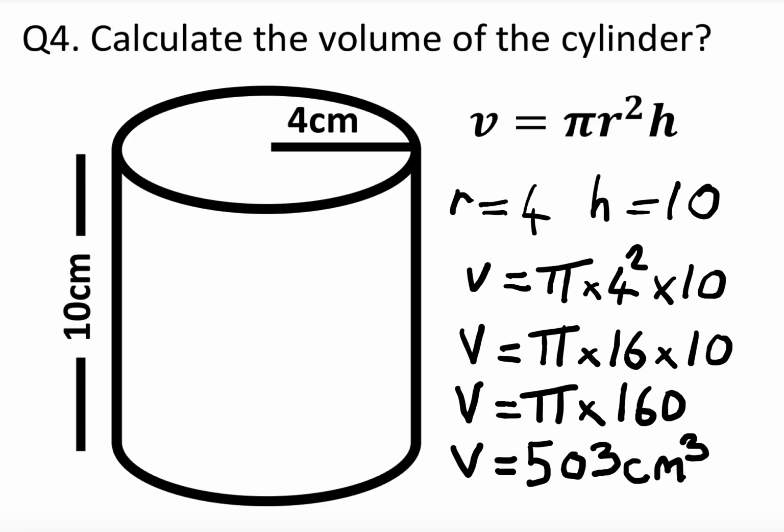So we have to round it, and we've done that to 3 significant figures. So I'll just put that in brackets underneath. 3 significant figures. There you go. So that's 503 centimetres cubed, that cylinder.